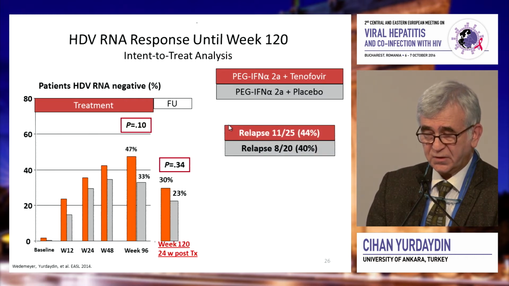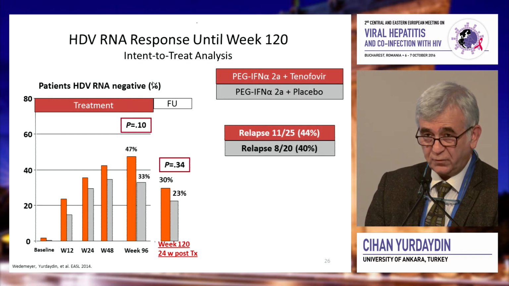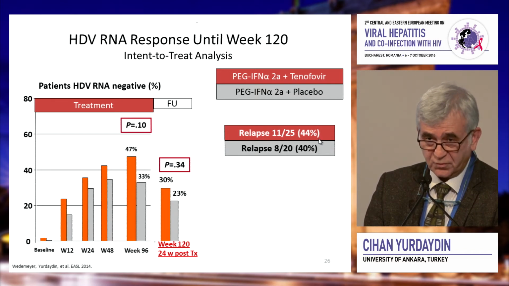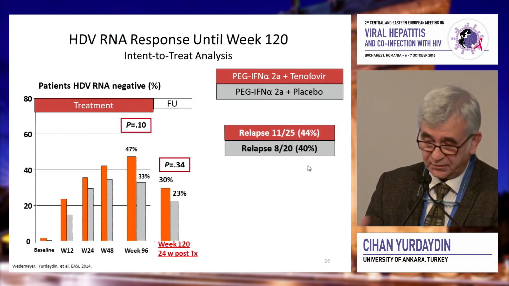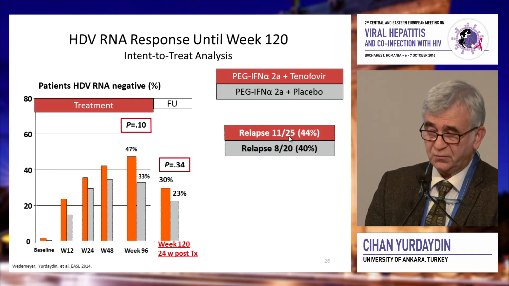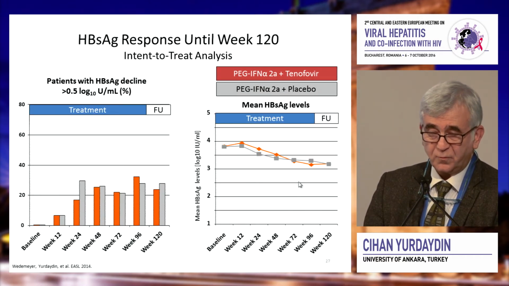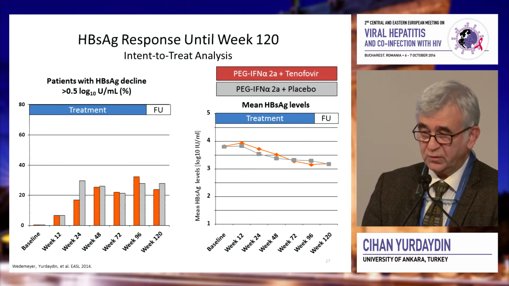The results were disappointing because, first of all, the treatment duration was not 1 year but 2 years. Still, there was a quite high relapse rate, and sustained virologic response was not much higher compared to 1 year. Of course, it's not a head-to-head comparison, but the high relapse rate tells something. And in terms of surface antigen levels, there was absolutely no difference.